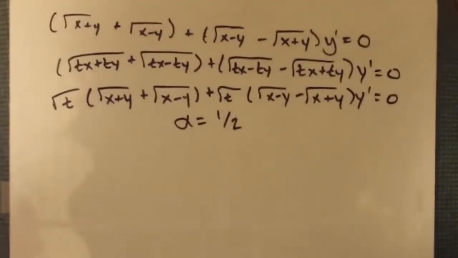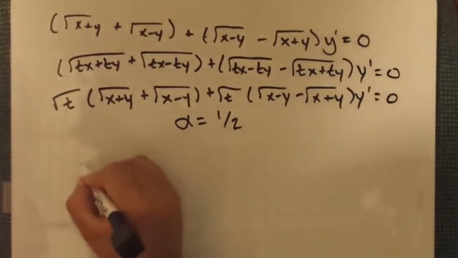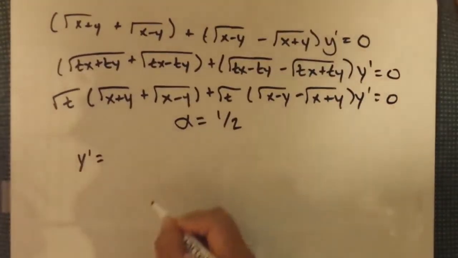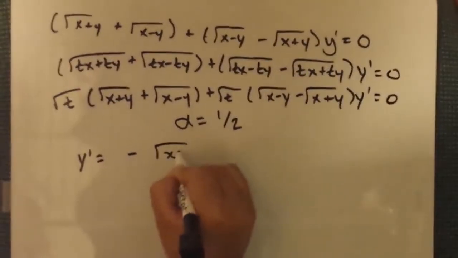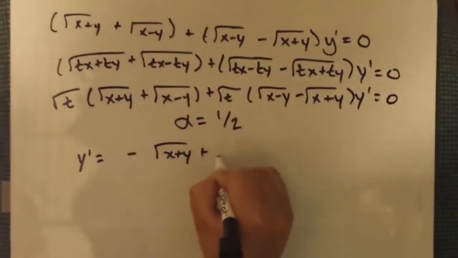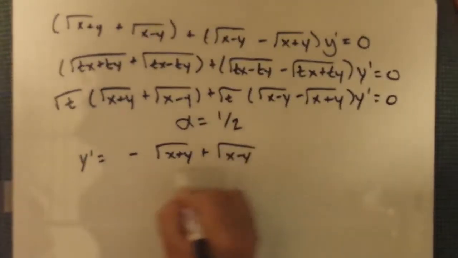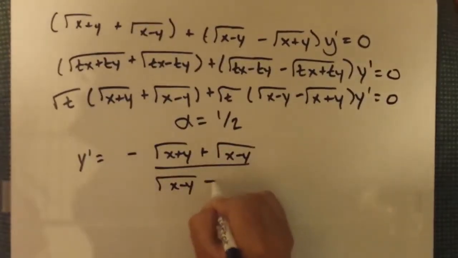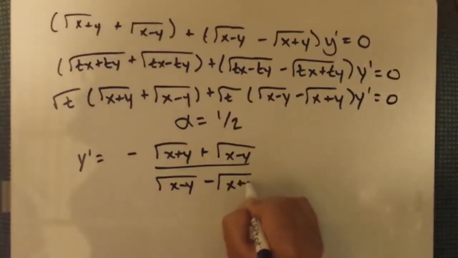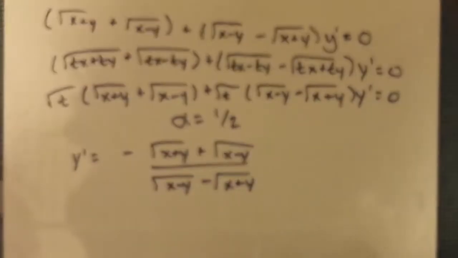What we're going to do next is leave the y prime on one side and move all the variables to the other side. So we have y prime is equal to the negative square root of x plus y plus the square root of x minus y, over the square root of x minus y minus the square root of x plus y.